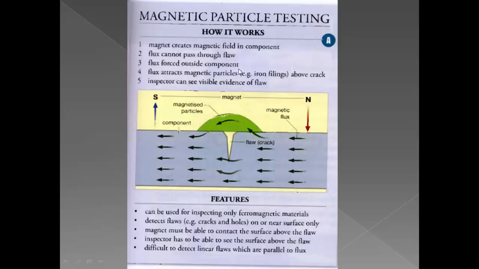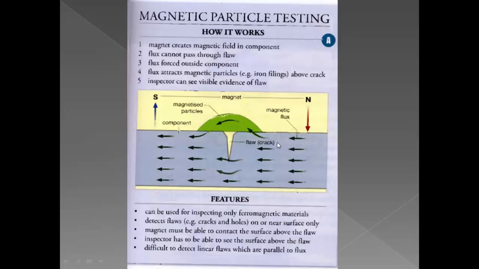They are as follows. A: magnetic particle testing, the first version of this non-destructive testing. How it works, the function of this testing. First, a magnet creates a magnetic field in the component. Flux cannot pass through a flaw.